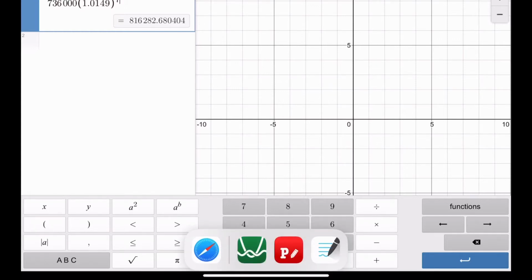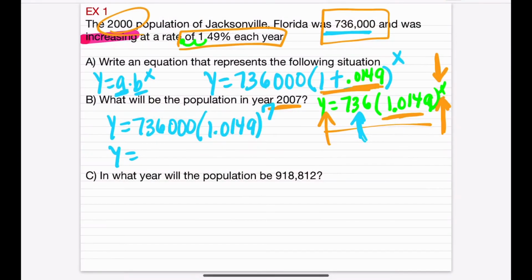So let's round to the nearest whole number, since population can't be a decimal. So it'll be 816,283. So the population in the year 2007 will be 816,283 people.